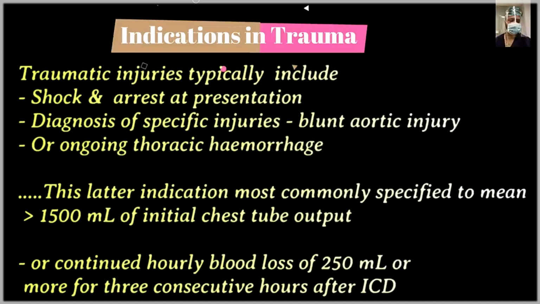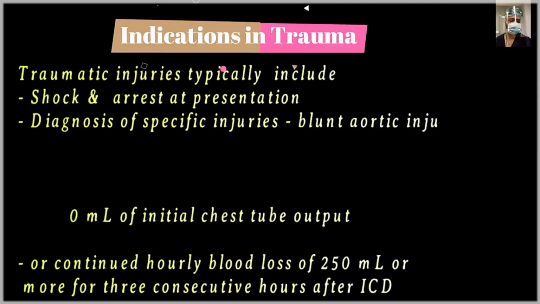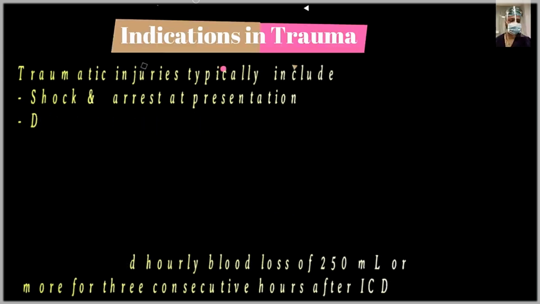The indication of ongoing thoracic hemorrhage means that you placed an ICT and there is more than 1500 ml, or 1.5 liters, of blood output in the chest tube, or the patient is having a persistent bleed of more than 250 ml per hour for 3 consecutive hours, then it becomes the indication for emergency thoracotomy.